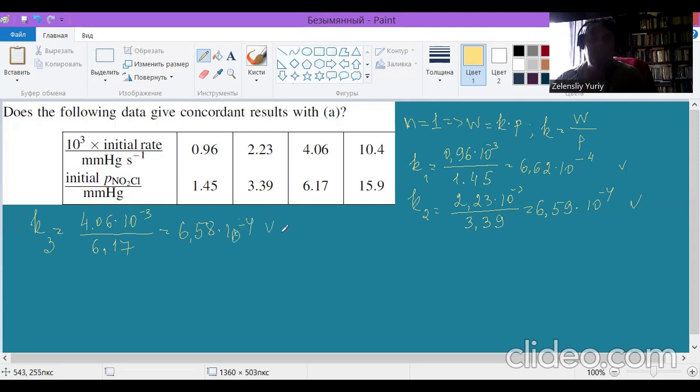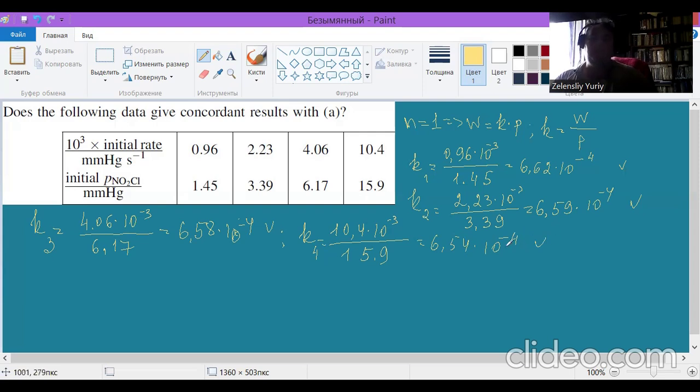Another close value. And K4. Let's take a look. Yeah, it's 6.54 times 10 to minus 4.